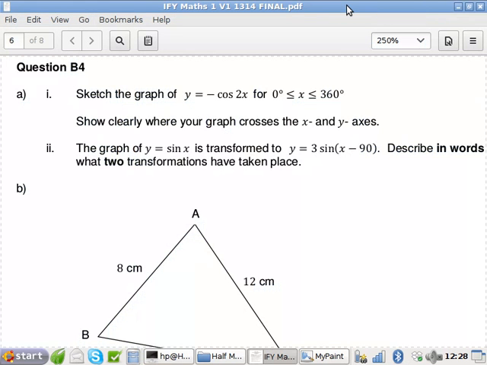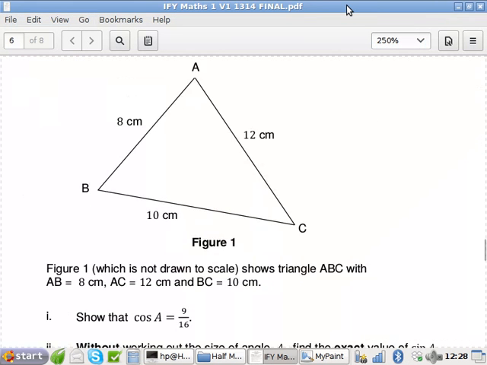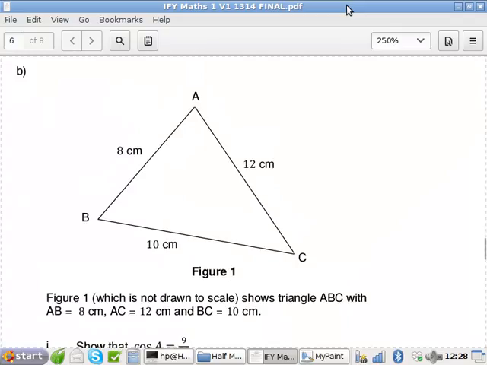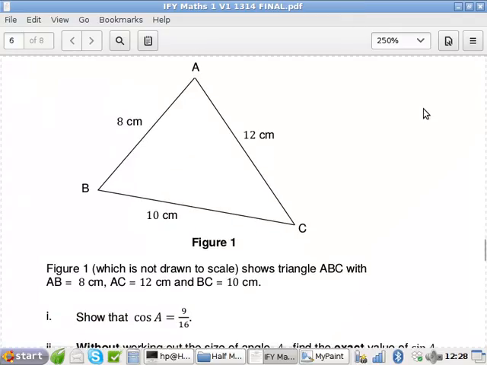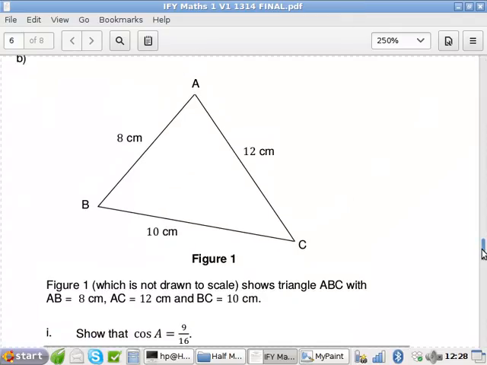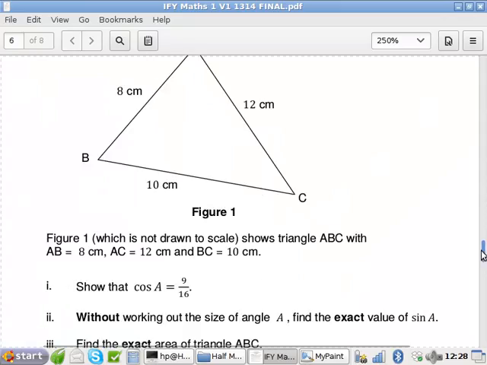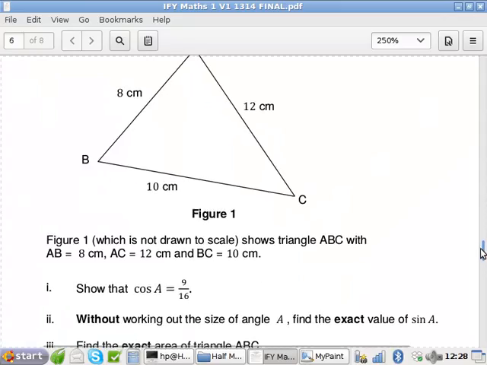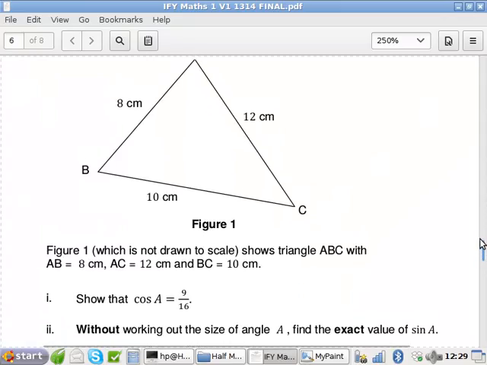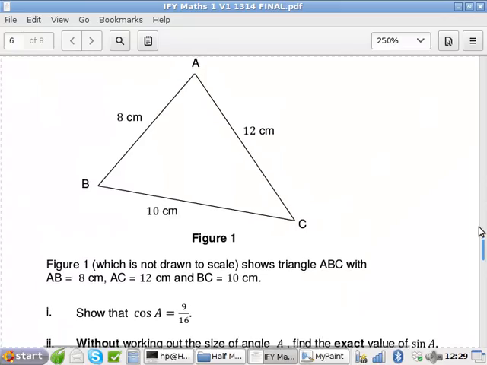Continue. Right. Next, now looks like a nice triangle. Can you see it okay? So the first part is show that cos A is 9 over 16.